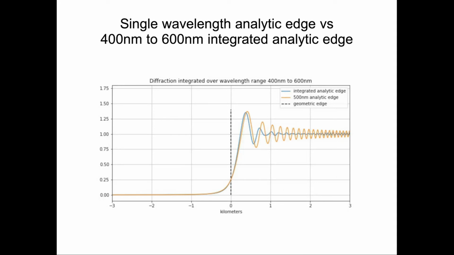It's an odd pass band since it's 0 everywhere except at the 400 to 600 nanometer range. And we can see that in the region that we're most interested in, which is sort of like here to about here, there's almost no difference between a single wavelength analytic edge and the effect of combining multiple wavelengths.